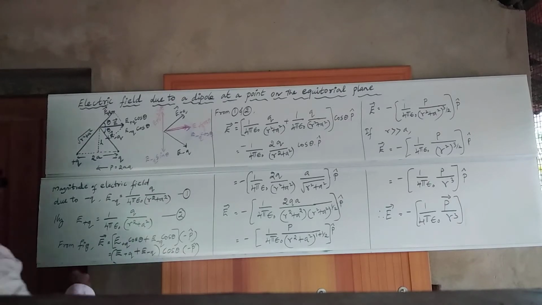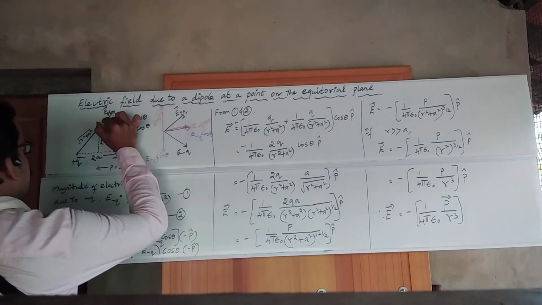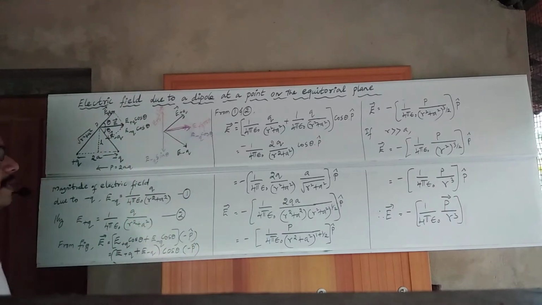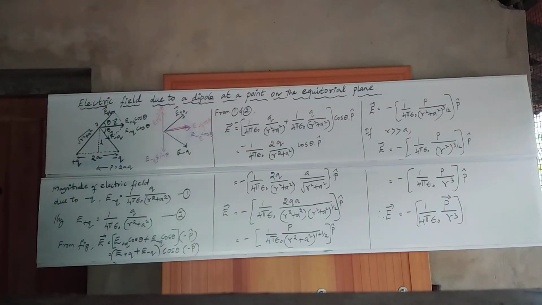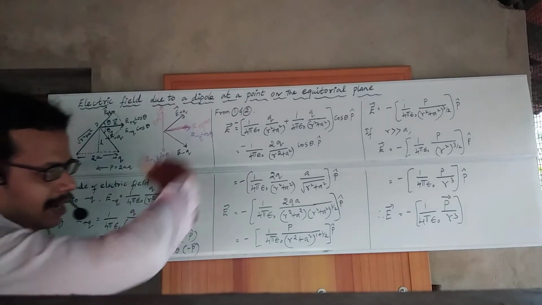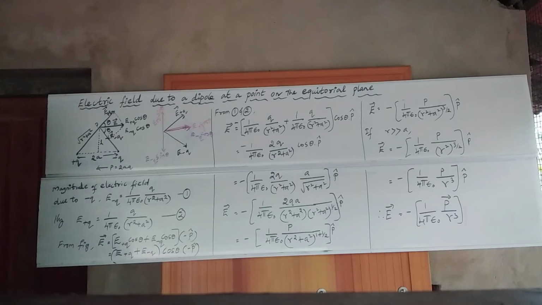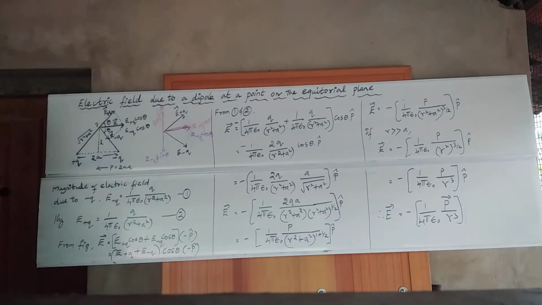And in this figure, we have considered a point P here. This point lies on the equatorial plane of the dipole. So at this point, what is the electric field that we are going to see?